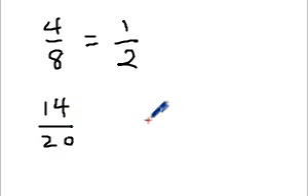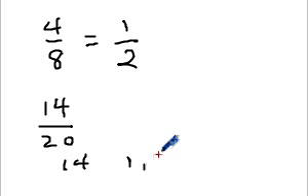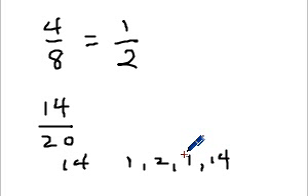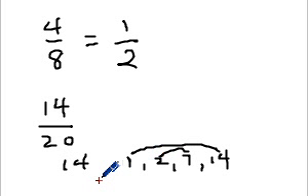what it's equal to. And so what you need to do is find all the factors of 14, all the numbers that you can divide 14 into. So we'll just start listing those: 1, 2, 7, 14. Keep in mind that factors always come in pairs. 1 times 14 is 14, 2 times 7 is 14.